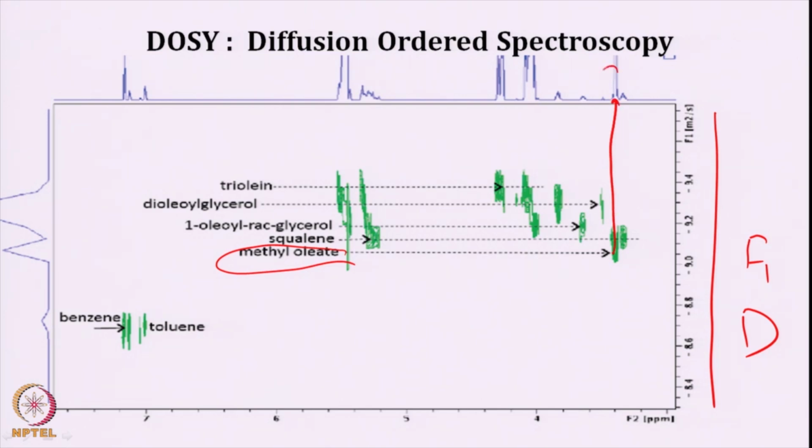So now we know that these peaks belong to, say, methyl oleate.